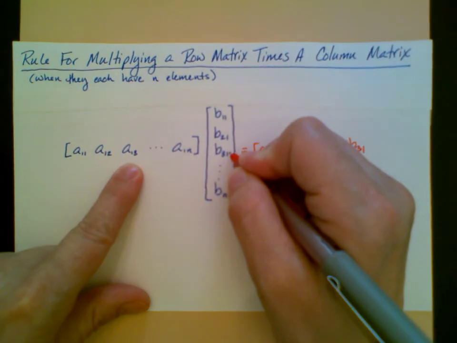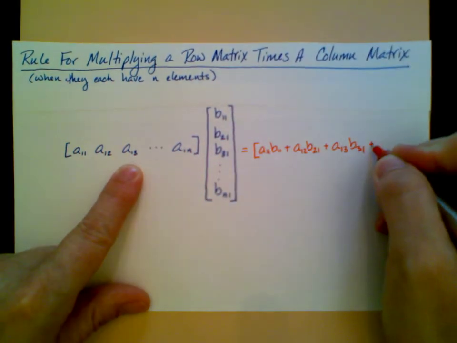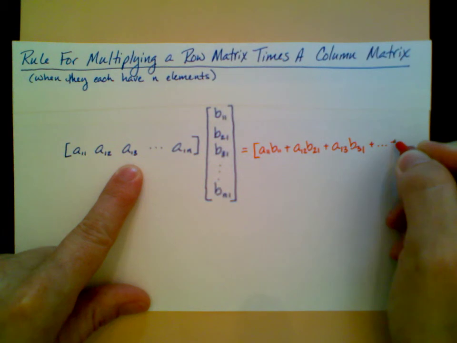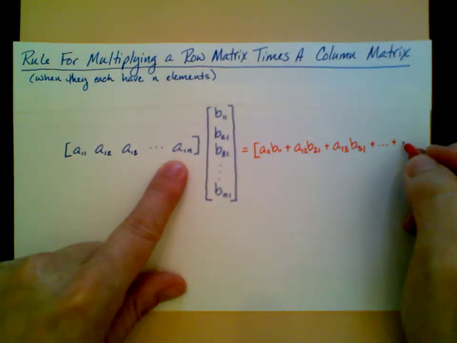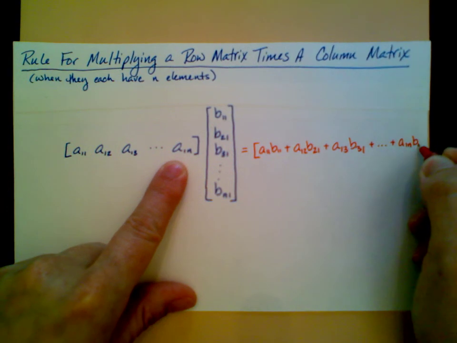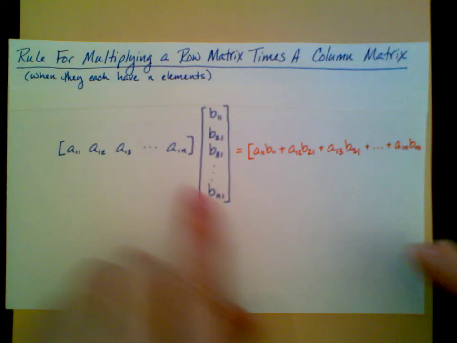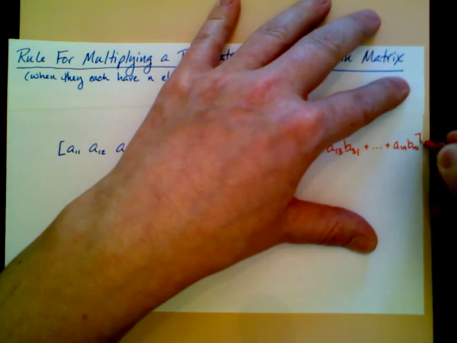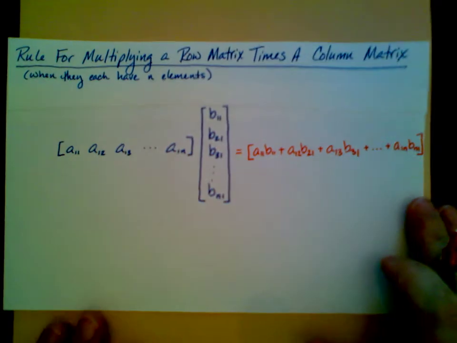So my third elements got paired together, plus dot, dot, dot, A sub 1n, B sub n,1. And I have just enough room on my paper to close off that matrix.